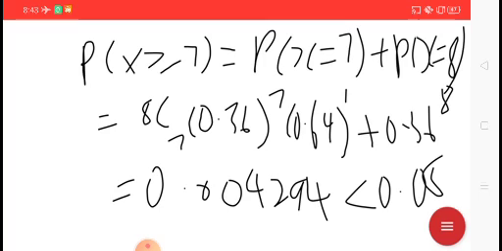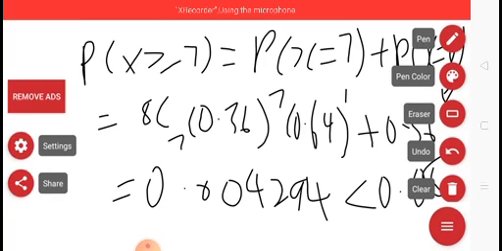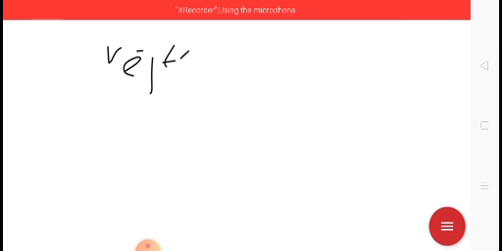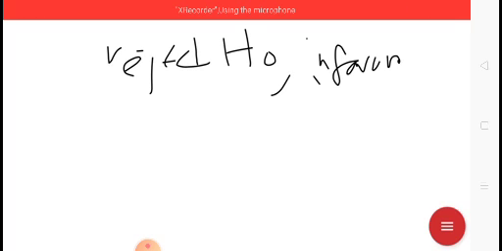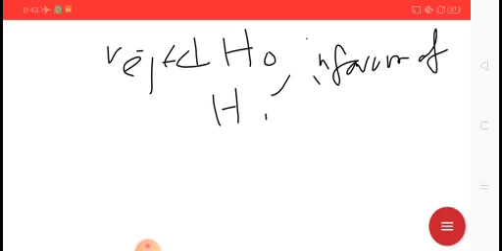So if it is smaller than 0.05, what does it mean? It is reject H naught in favor of H1 because it is in the critical region.